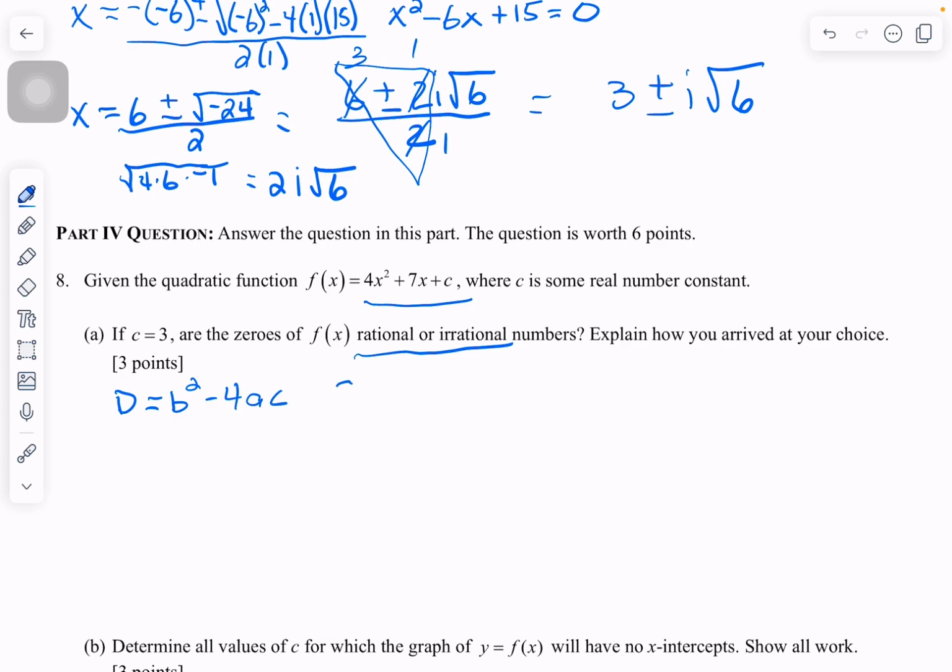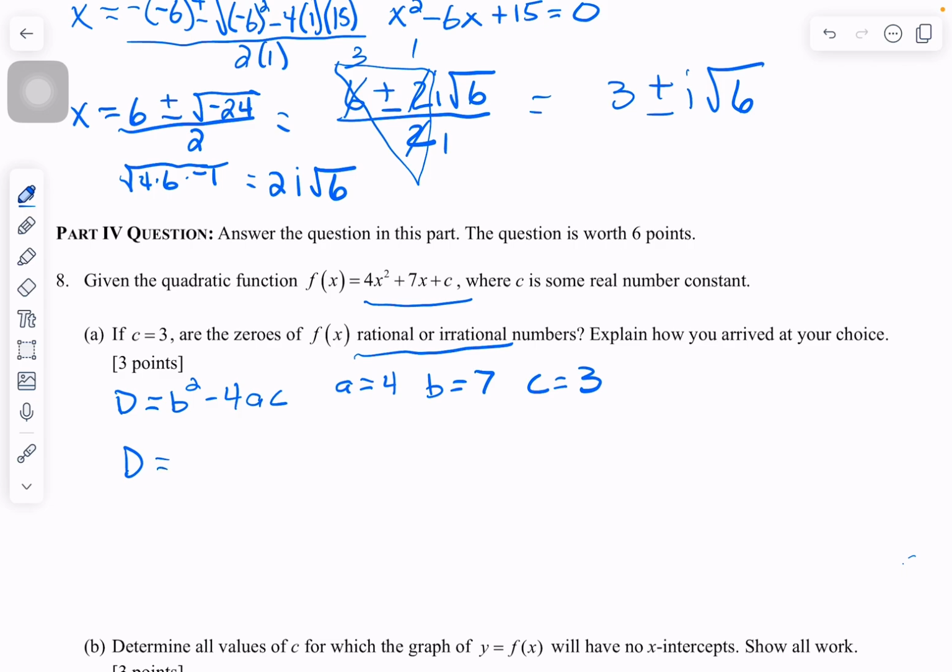All right, a is equal to 4, b is equal to 7, and c is equal to 3. They give us c is equal to 3, right? So yeah, okay, we're good.